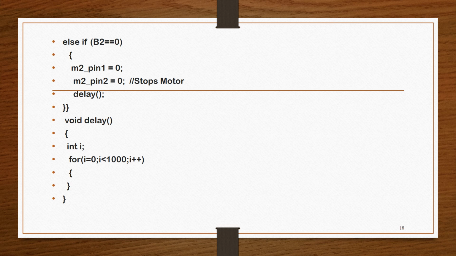So here conventionally, for 1 millisecond the calculation is 1275 into 1.085 microseconds. If we do that, then approximately we get 1 millisecond. So instead of remembering that number 1275, I have just written 1000 here.